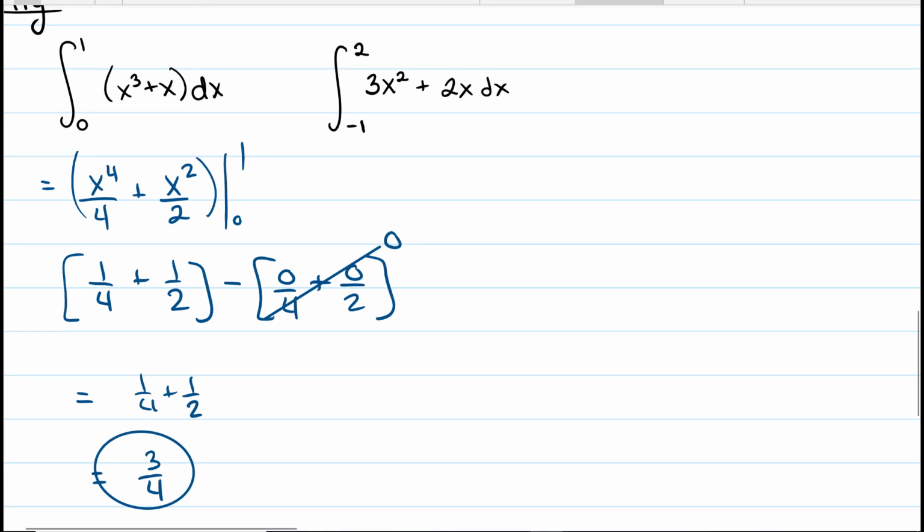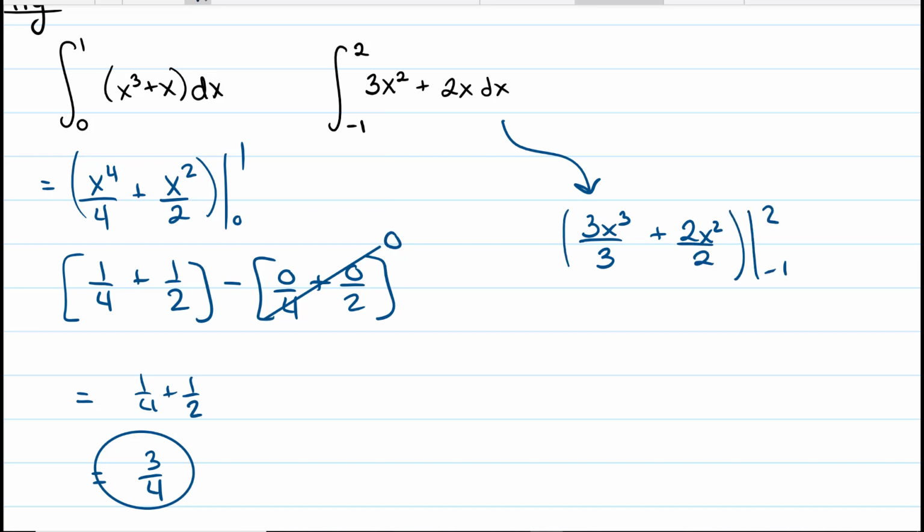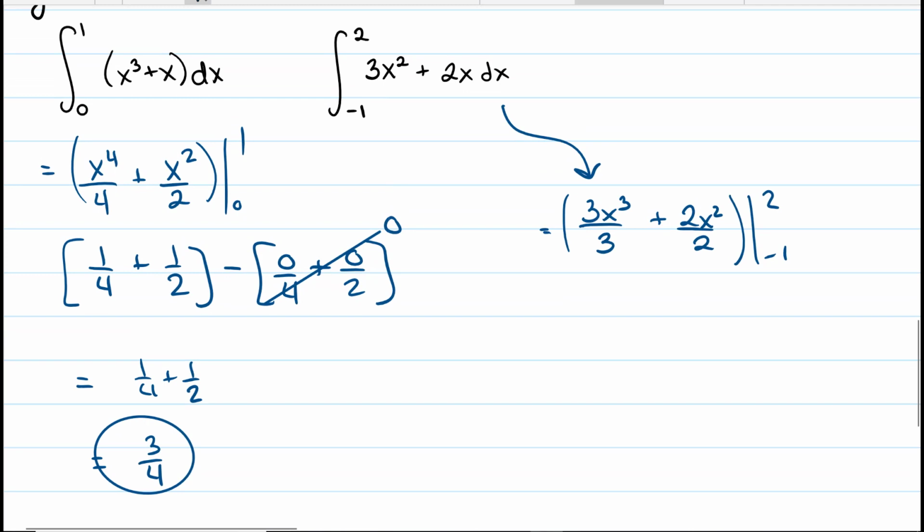Alright, now let's work out the next integral. We're going to do that one over here. So when we integrate this, it's going to become x cubed over 3, but then there's a 3 in the numerator, so you're going to get 3x cubed over 3 plus 2x squared over 2 from -1 to 2, which is equivalent to writing x cubed plus x squared from -1 to 2.